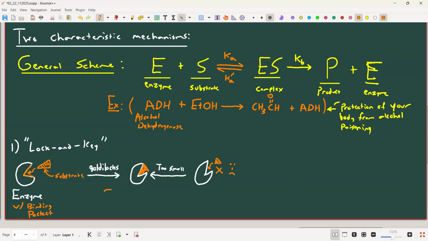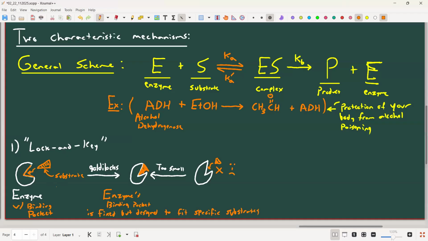So the enzyme's binding pocket is fixed, but designed to fit specific molecules or specific substrates. And of course, the idea is that this process is our reaction.